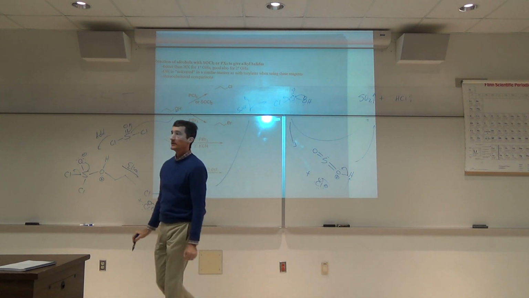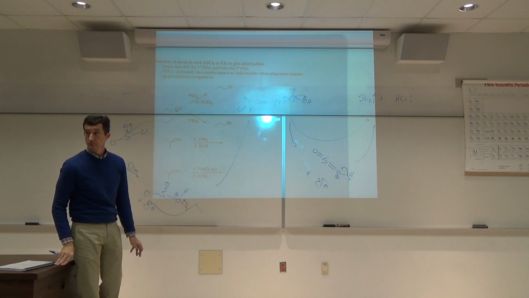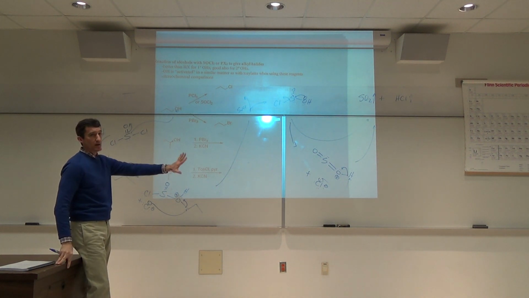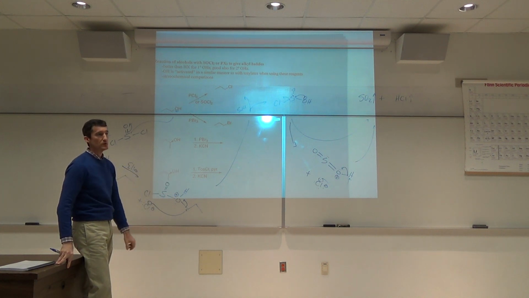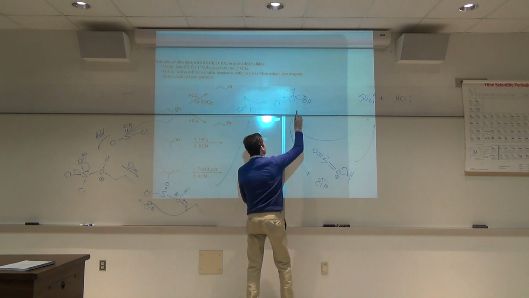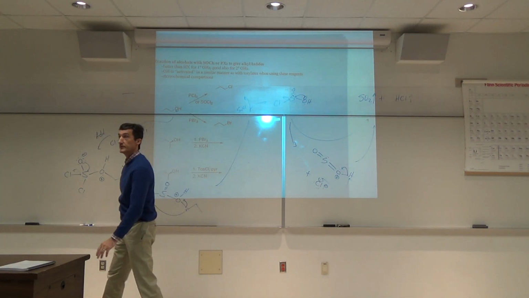There's your SO2 and HCl. SO2 is a sulfur double bonded to each oxygen. That's driven by entropy. That's the end result. Here we go, let's say it for the second time: anytime you make a pi bond, kick off the leaving group, easy to do. We're going to be doing that a lot.